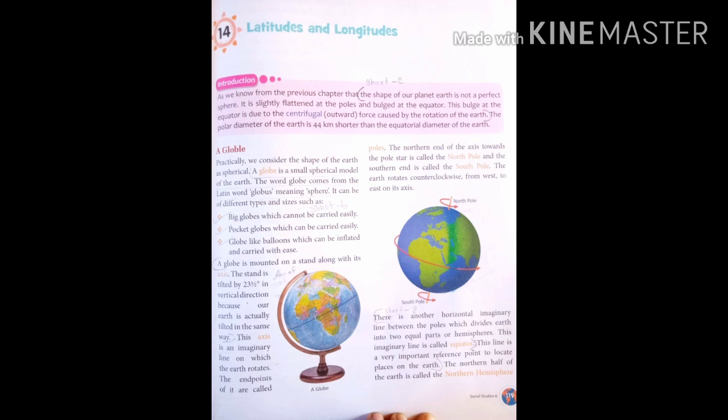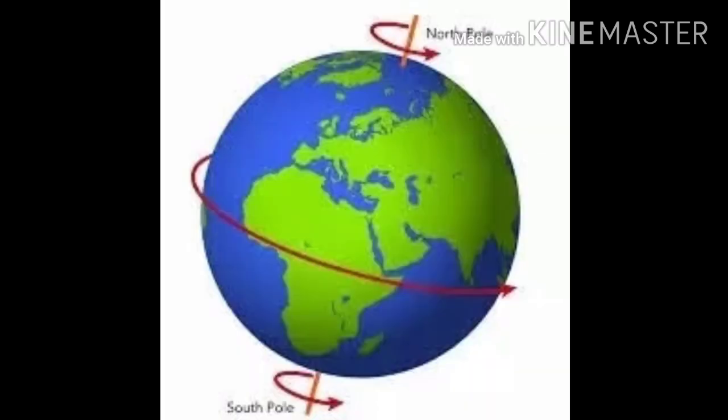This axis is an imaginary line. So the earth rotates on its axis, and the axis is an imaginary line on which the earth rotates, and the end points of the axis are called poles. The northern end of the axis is towards the pole star, so जो हमारा उत्तरी एंड है, नॉर्दर्न एंड है, which is towards the pole star, that is known as the North Pole, and the southern end is called the South Pole.